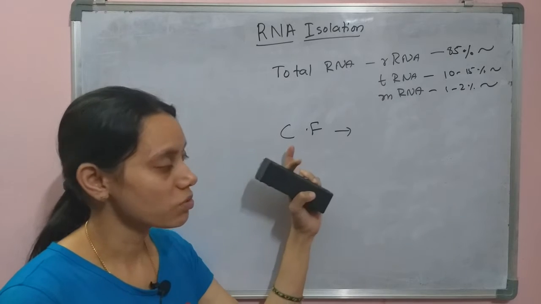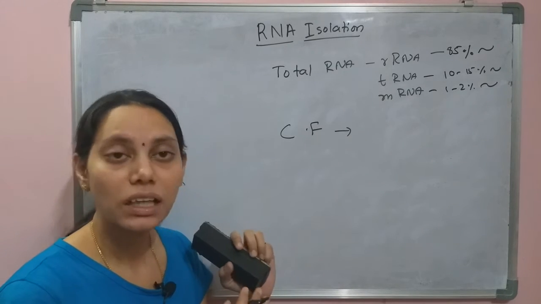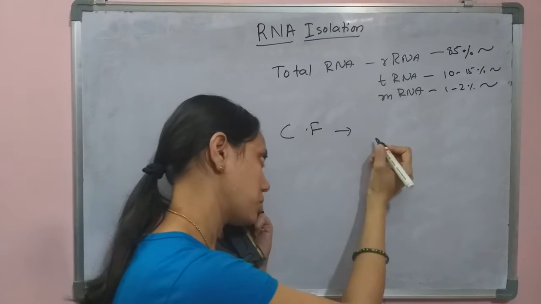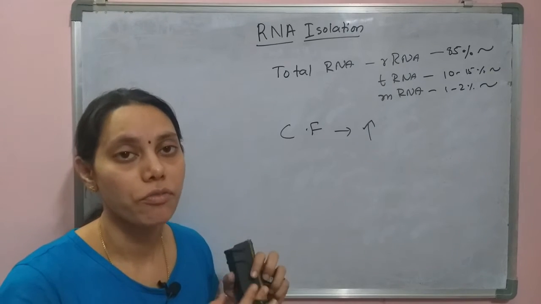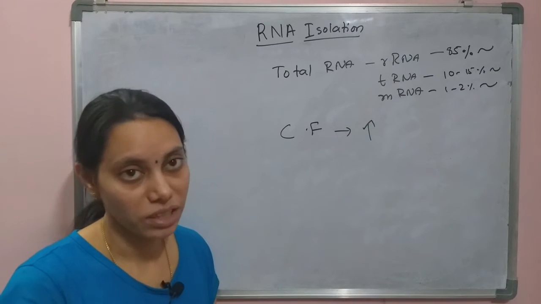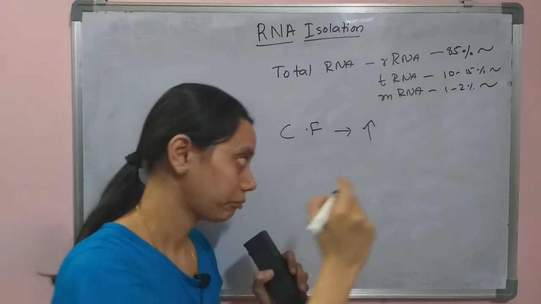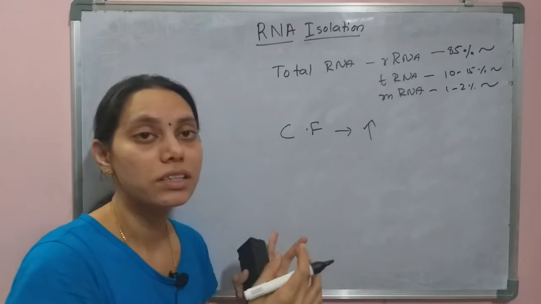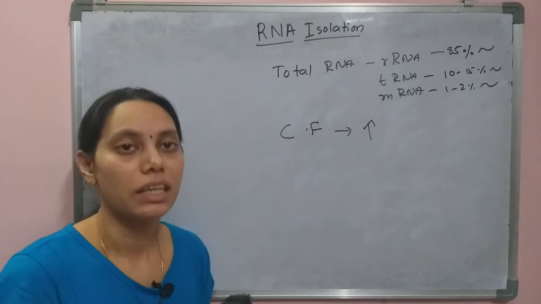Basically, the advantage of this column filtration method is that it is an affinity method. So here the purity of the RNA is very high. We can obtain very highly purified RNA, but the disadvantage of this column filtration method is that the quantity of recovered RNA will be very much less.